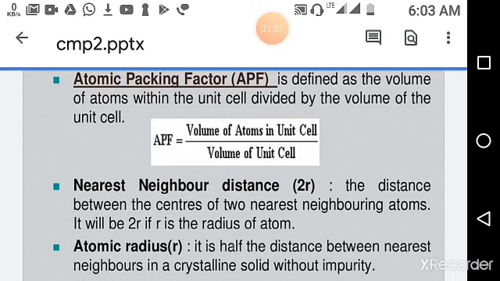This term is defined as the distance between the centers of two nearest neighboring atoms. The last term is coordination number. The number of nearest neighbors of an atom in the unit cell is called the coordination number.